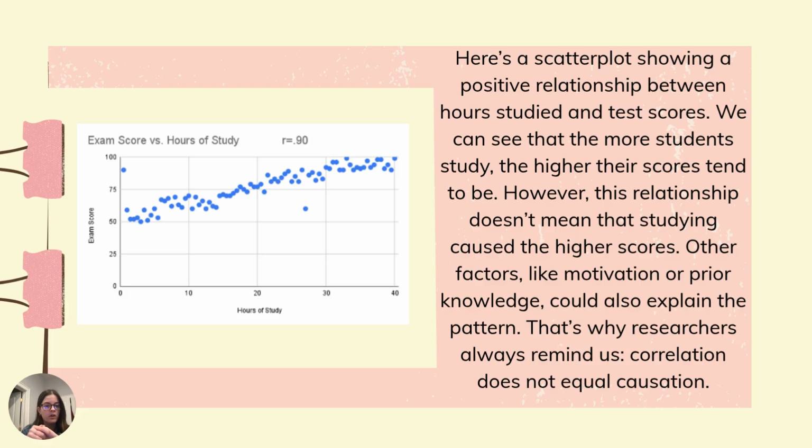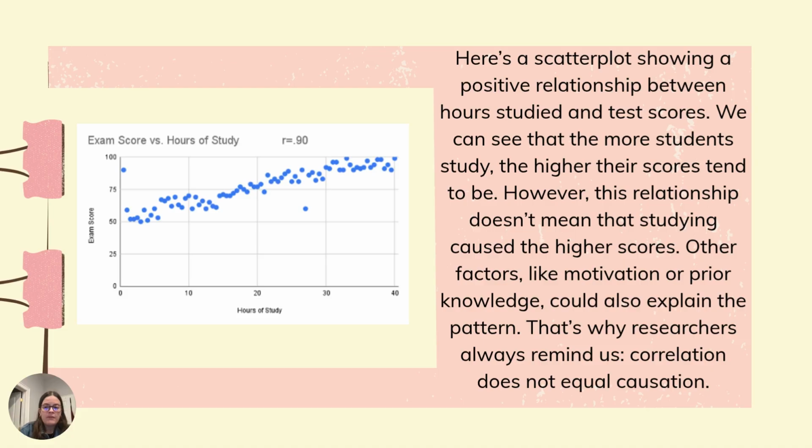However, going back to correlation does not equal causation, this relationship does not mean that studying caused these higher test scores. There are other factors like motivation or prior knowledge, which could also explain the pattern that's seen in this graph. This is why researchers always remind us correlation does not always equal causation.